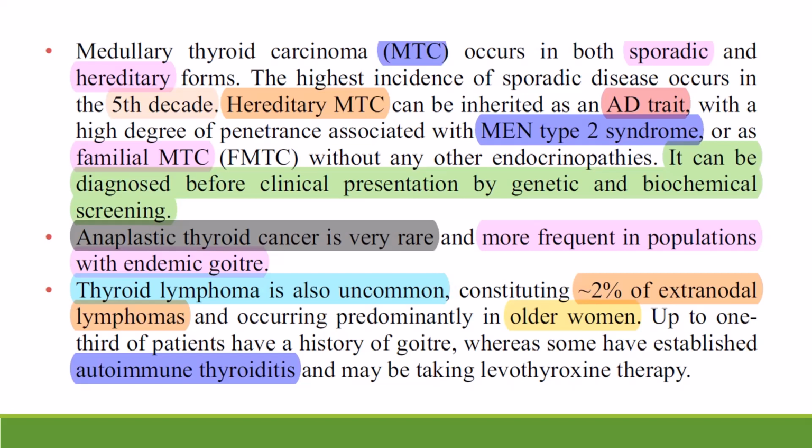In any patient with autoimmune Hashimoto thyroiditis who presents with rapid enlargement of the thyroid gland, we should suspect lymphoma, because the risk of lymphoma is increased more than 70-fold in Hashimoto thyroiditis.